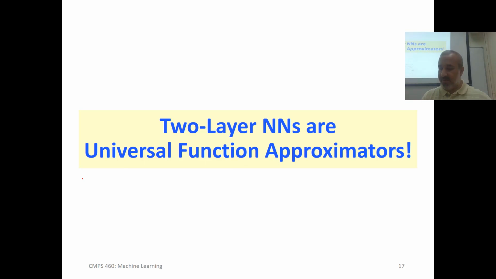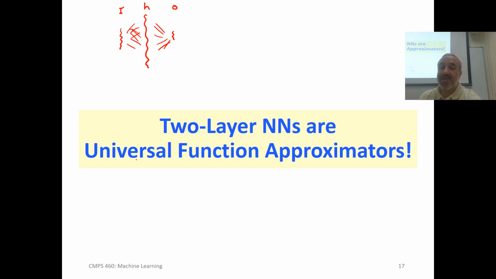So it's something like this: we have the input layer, one hidden layer, and then of course we have the output. This is what we mean by two-layer neural network, because we have two layers of weights.